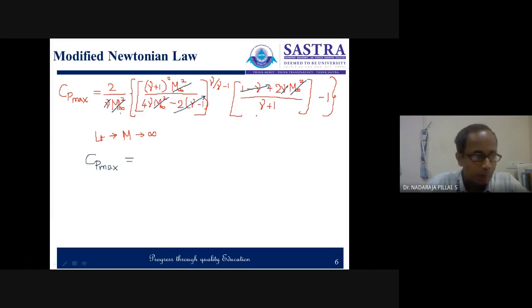Let me write gamma plus 1 the whole square by 4 gamma, the whole power gamma by gamma minus 1, and that is multiplied by 4 by gamma plus 1.